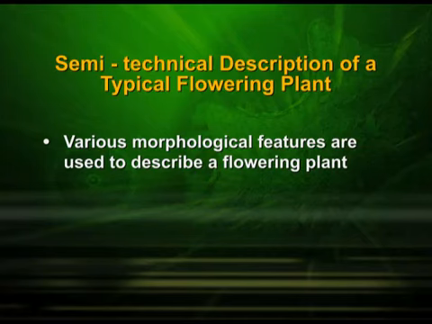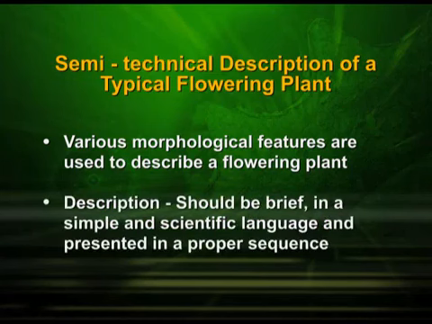There are certain semi-technical descriptions of a typical flowering plant, which become very convenient for us when we have to explain a flowering plant. The various morphological features are used to describe a flowering plant. The description should be brief, in simple and scientific language, presented in a proper sequence.